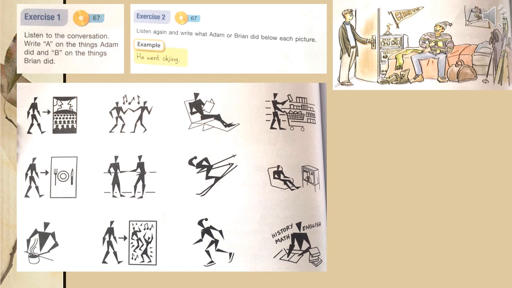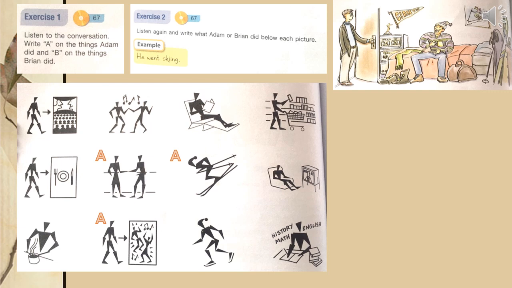Alright, so what do you think are the things Adam did? Okay, he went skiing. The next thing that he did was going to the disco. Next thing that he did was he met a nice girl.